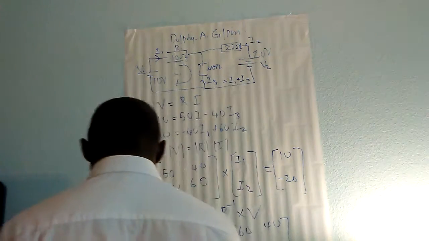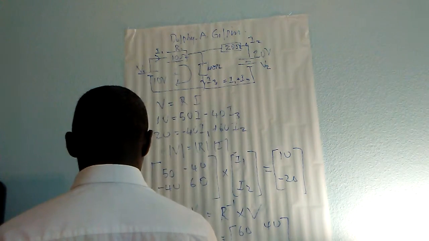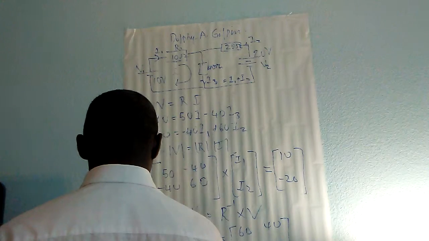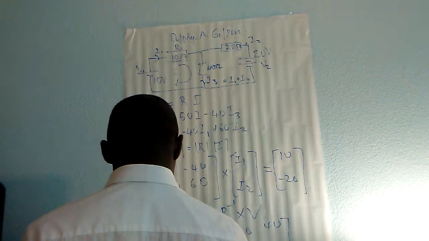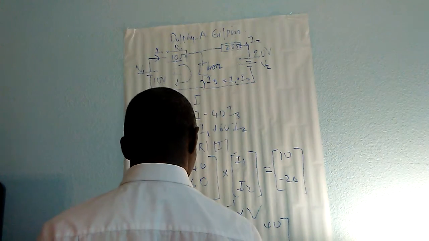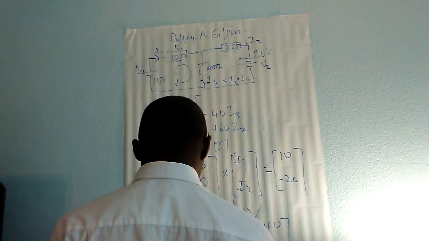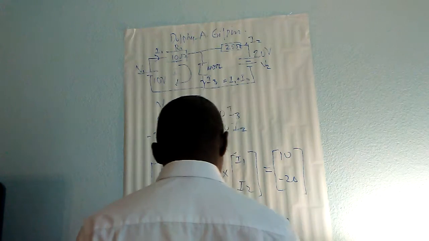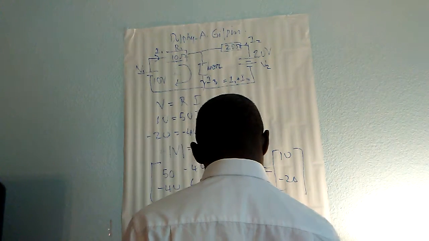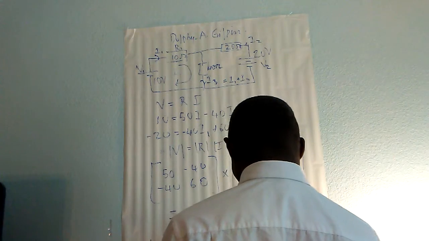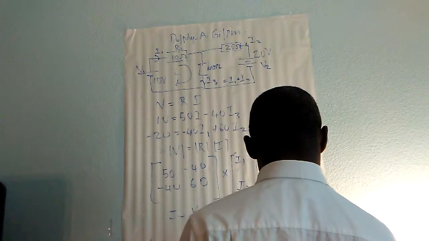So if we do the determinant now, what you have is 60 multiplied by 50 minus 40 multiplied by 40, that will be equal to 1,400.